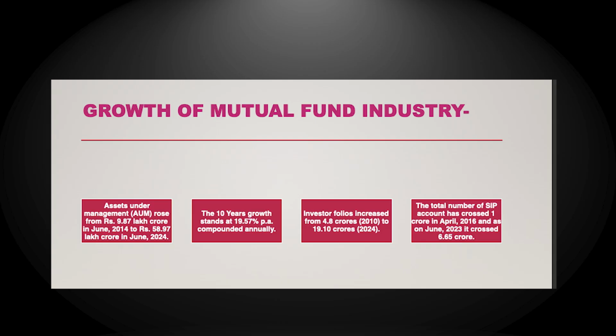Assets under management, AUM, rose from 9.87 lakh crore in June 2014 to 58.97 lakh crore in June 2024. And this is a major change in investment in mutual funds. The 10-year growth stands at 19.57% per annum, compounded annually.